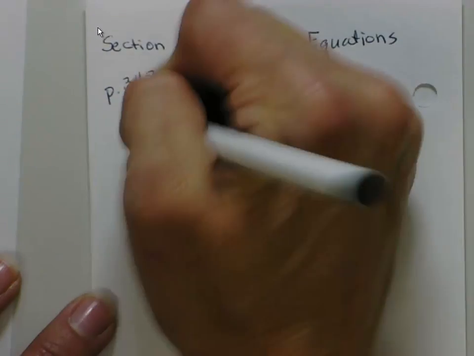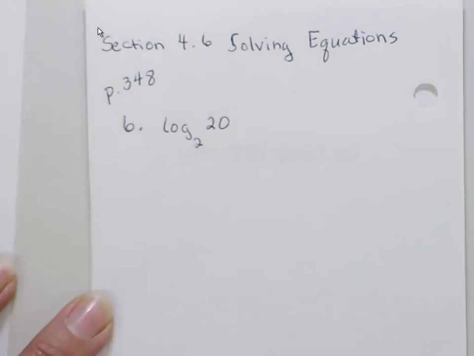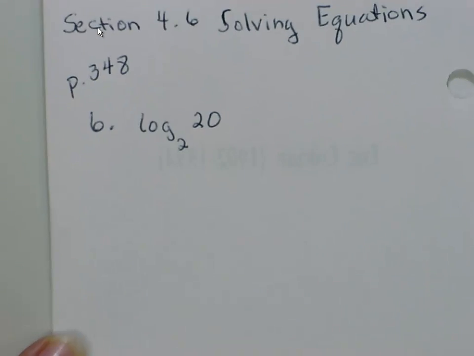Hey, I didn't realize that I had just made up number 6, log base 2 of 20. That's kind of funny, because I did not look at the book before I said that.